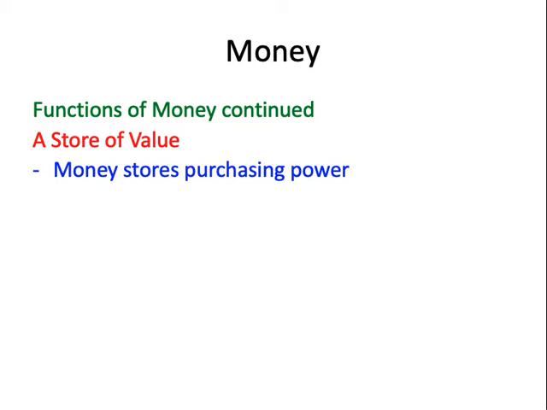And so if you save your money, you want to be very confident that when you take that money back out of the bank or wherever it is, it has stored $100 worth of purchasing power to buy a $100 item later. And so if it can't store or save purchasing power, that's a problem. Okay, so for example, we use coins, we use bills.